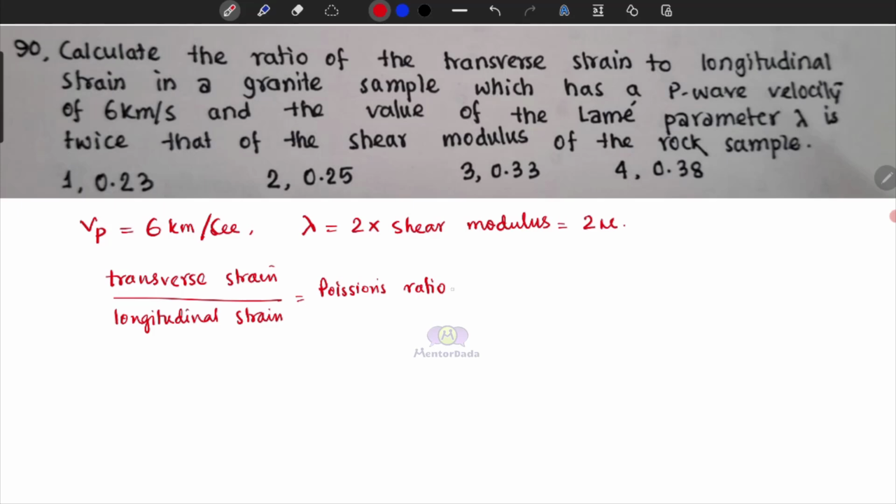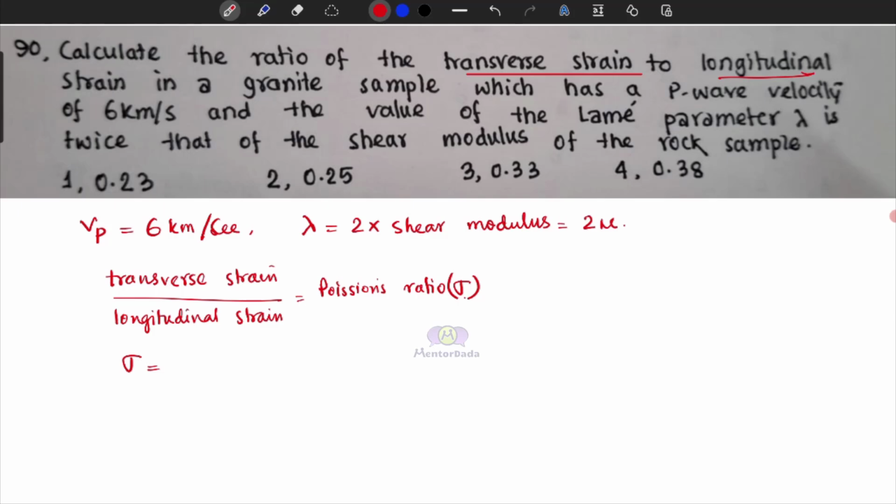So you have to calculate the Poisson's ratio.